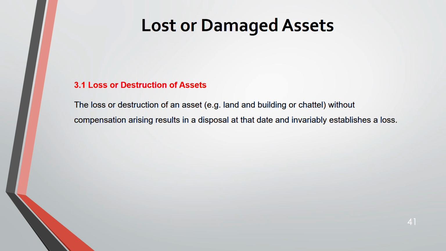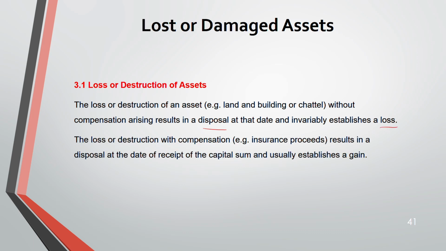So the loss without compensation results in a disposal at that date and establishes a loss. So when you are doing a disposal, it is treated as a loss. Now the loss with compensation, that means you're receiving an insurance proceed. This will result in a disposal at the date of receipt of this capital sum, and usually it's a gain.